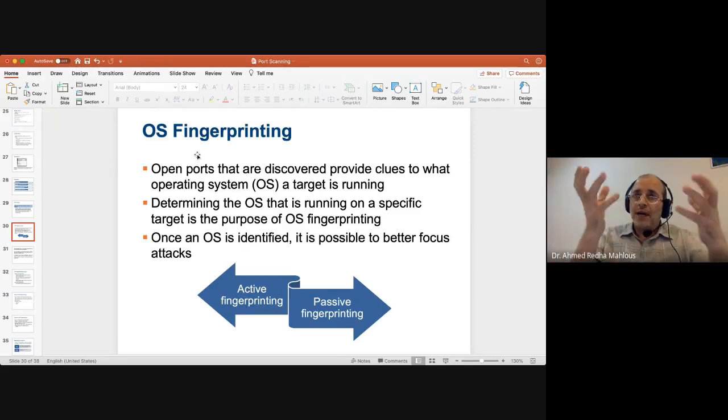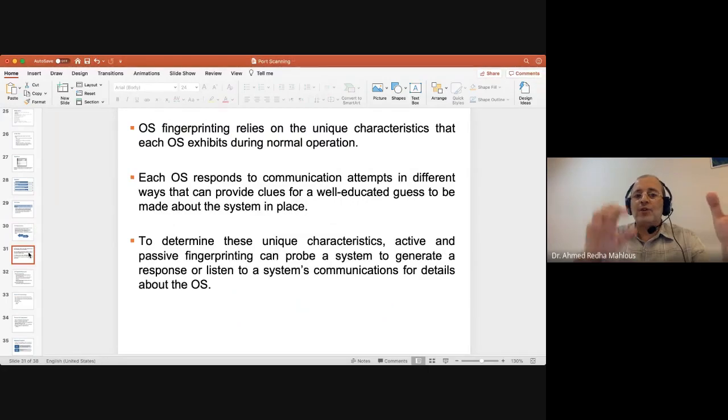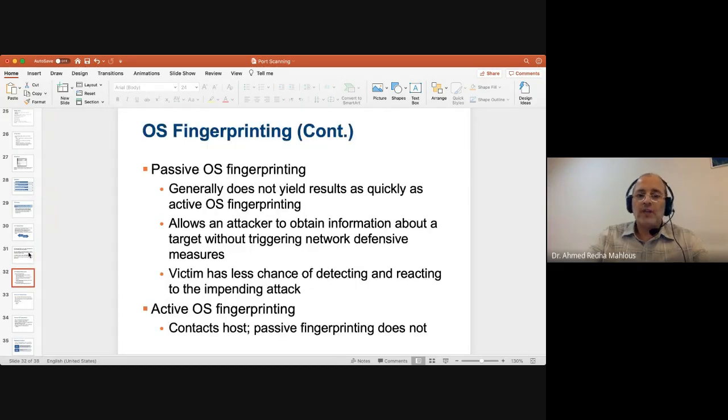By extracting that information, we say that we are doing operating system fingerprinting. It looks like this type of operating system is running on that machine, and by knowing the operating system, you can find out the corresponding vulnerabilities associated with it, if any exist. So you will choose the correct exploit for that vulnerability.